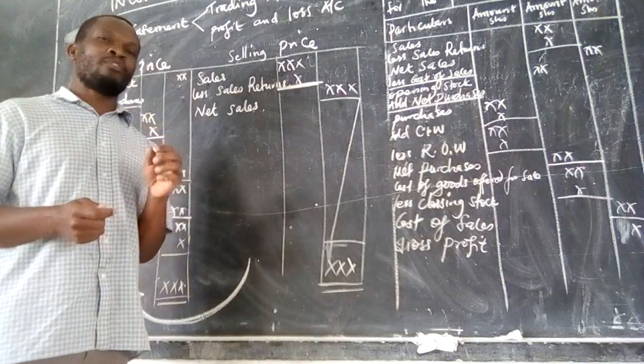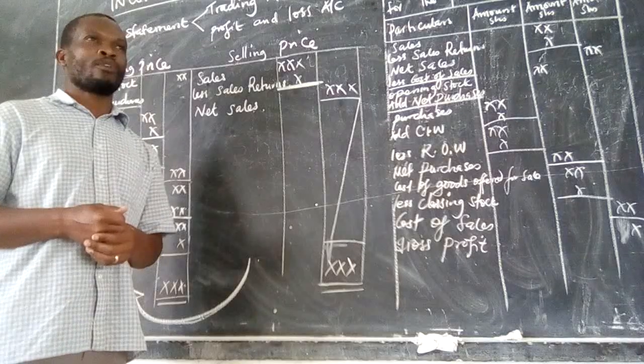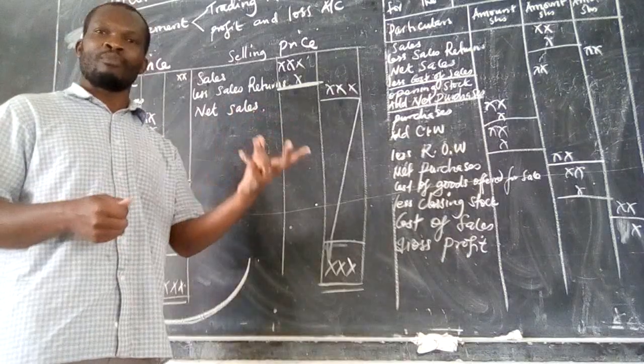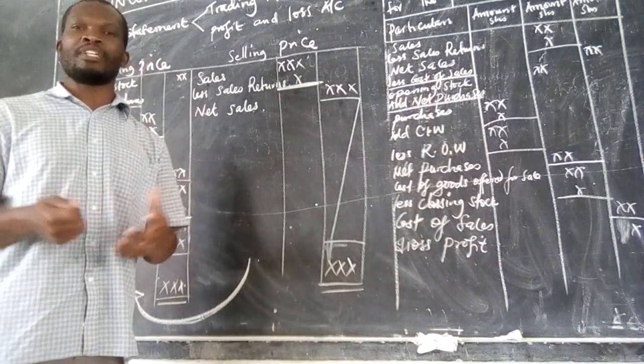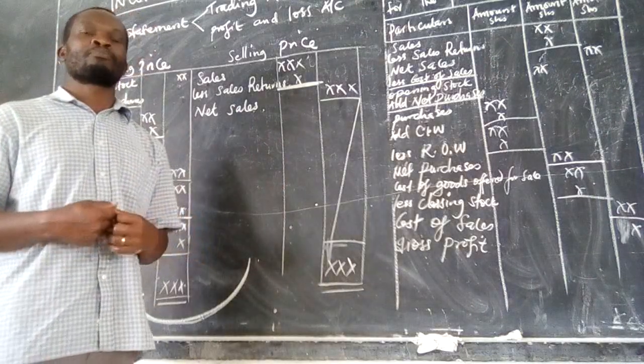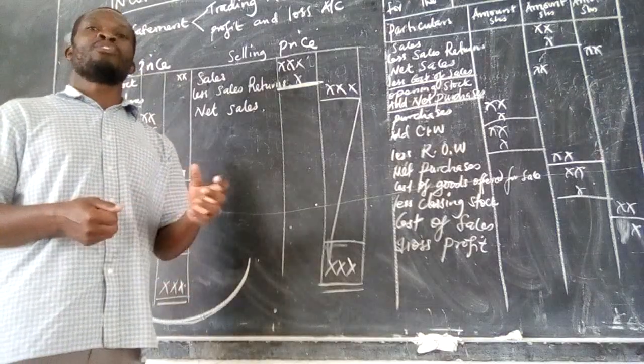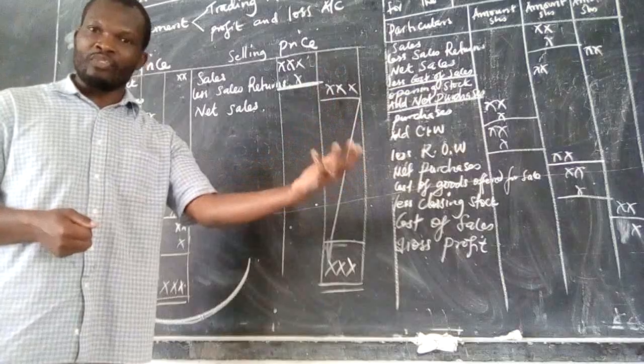Cost of goods offered for sale, just look at this illustration. You may have remained with two furniture, maybe a business dealing in furniture. You remain with two furniture, that was opening stock for this trading period. And then you go and buy 20 more furniture.